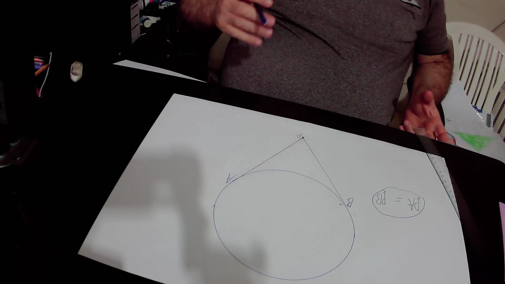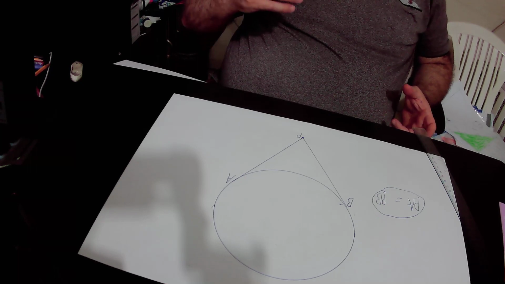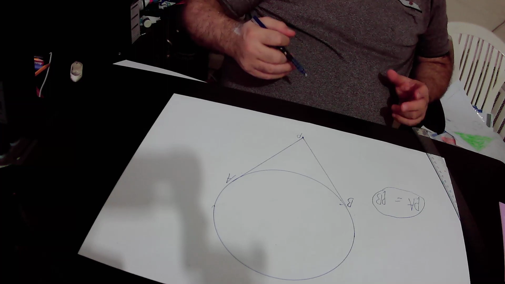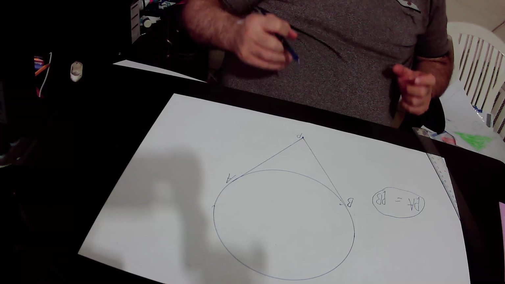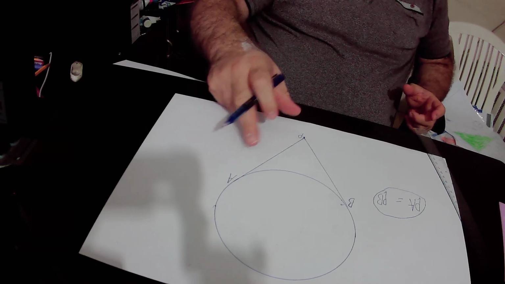So whenever you have an external point of a circle and you draw from that external point two tangents to the circle, then the lengths of those two tangents will be equal to each other. In this drawing, PA equals PB.